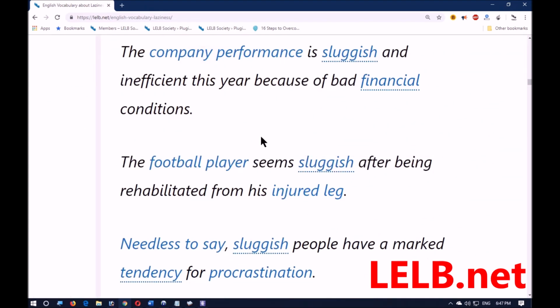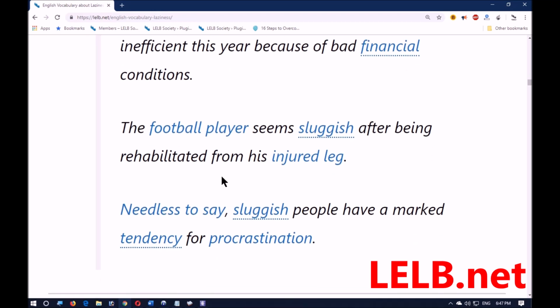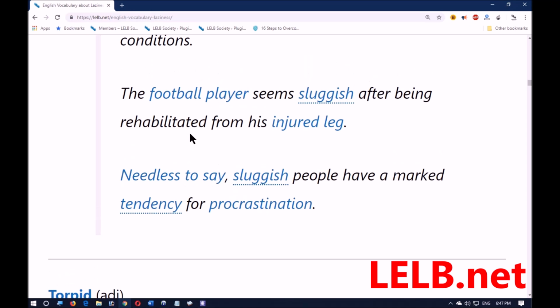The football player seems sluggish. So the football player seems sluggish after being rehabilitated from his injured leg, after a recovery from his wounded leg. Needless to say, sluggish people have a marked tendency for procrastination.